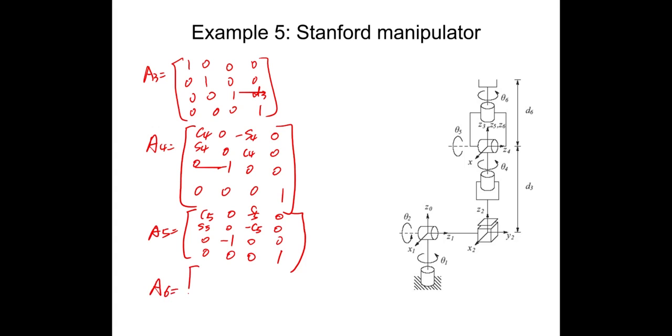And my A6 is C6, S6, 0, 0, 0, 0, 1, and this is negative S6, C6, 0, and here I have 0, 0, 1, and this is 0, 0, d6.